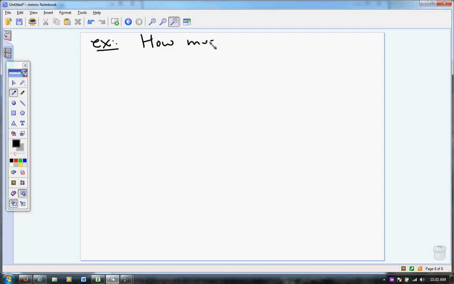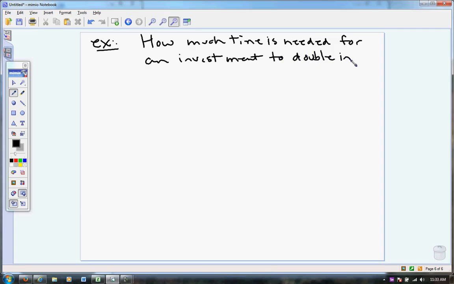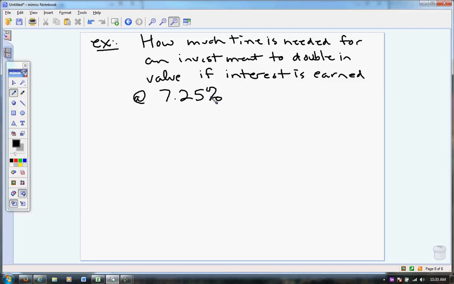How much time is needed for an investment to double in value if interest is earned at 7.25%, and we're going to say it's compounded, we'll abbreviate, annually.